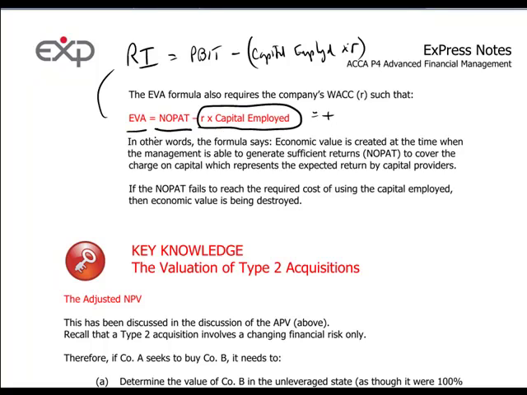If the net operating profit after tax, the adjusted income of a company as calculated by EVA, is less than the opportunity cost of its capital, meaning that this becomes negative, then the company is actually destroying value. So the residual income is also applying an imputed interest on its capital employed and deducting this from operating profit in order to determine whether or not the company is somehow making progress and able to generate returns above its cost of capital.